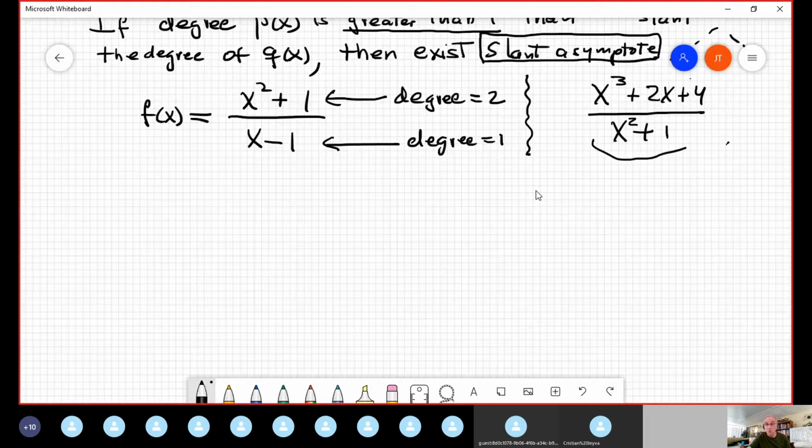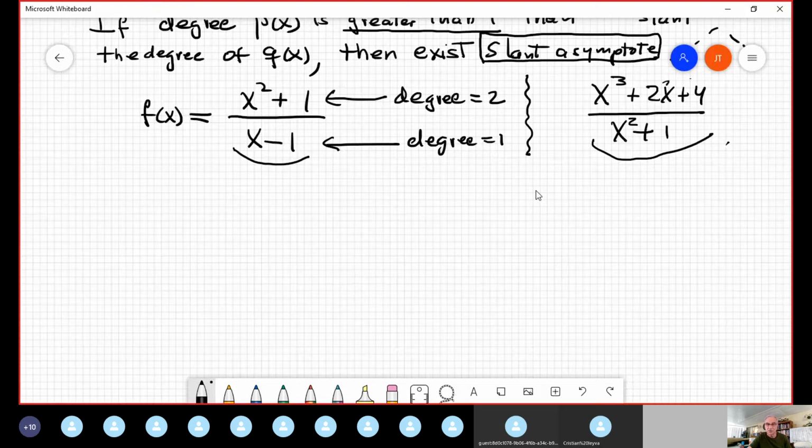Synthetic division is only possible when the degree of the denominator is 1. Degree 1, yes, synthetic division. Degree 2, no, long division. Either way, let's do it by long division.